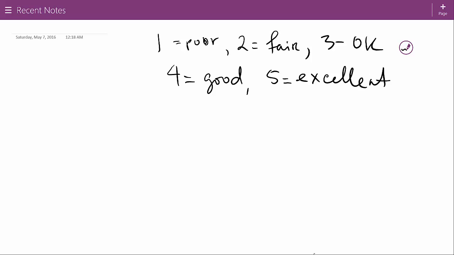All right, cool. So let's start with Nick. Nick, what do you think? Parking on campus? Fair. So that's a 2, okay. All right, Jenny? 3, okay. That's cool. Amanda, right? You give it a 3, all right. Logan, right? 3, okay.